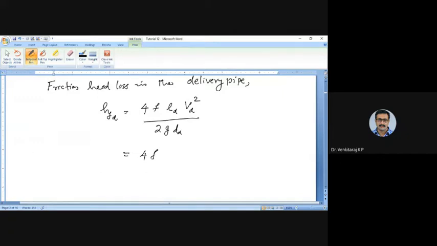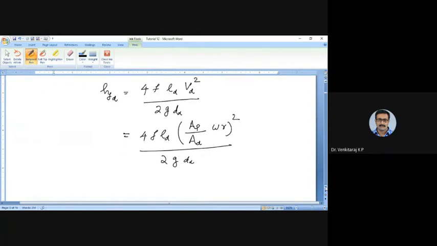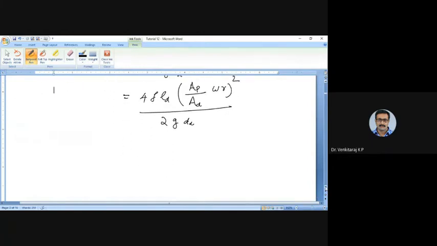4 into F LD. This is AP by AD into omega R square by 2G AD. So now let us put the dimensions of the delivery pipe here.